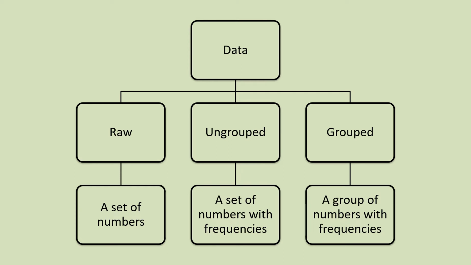Raw data can be converted to ungrouped data as well as ungrouped data can be converted to raw data. The conversion shall be shown in the next videos that will come. A group data will be a group of numbers with frequencies. A raw data can be converted into a group data.